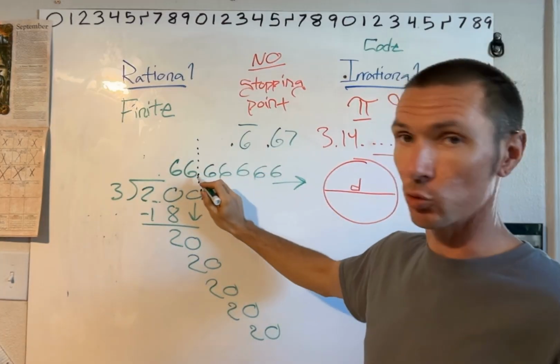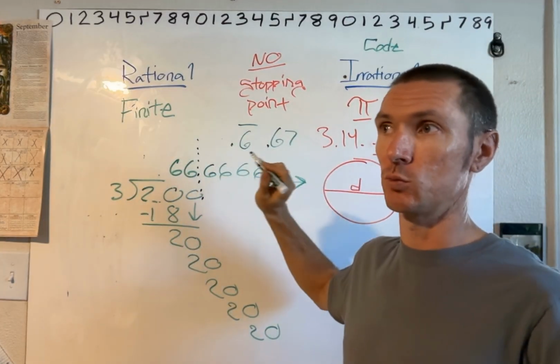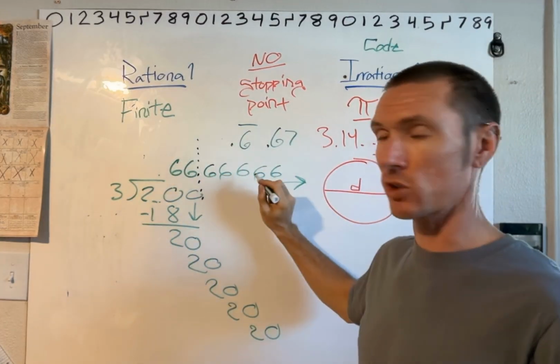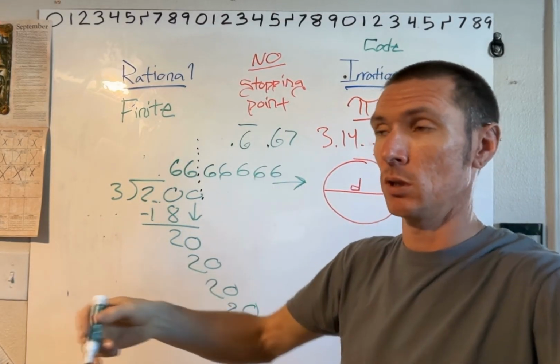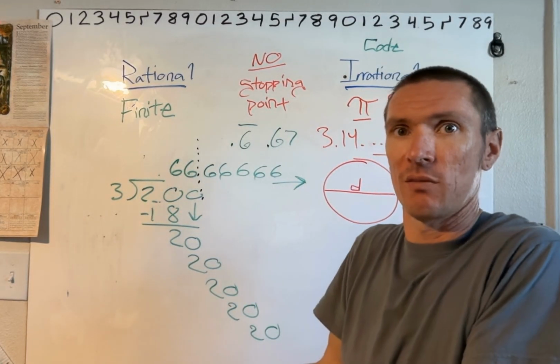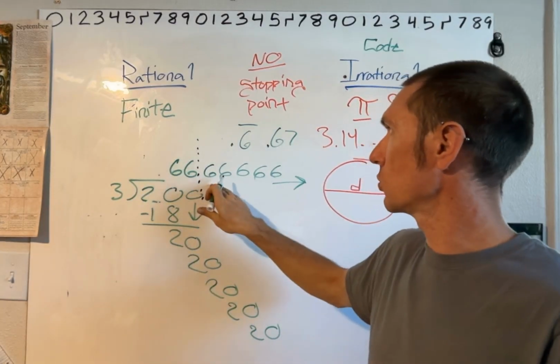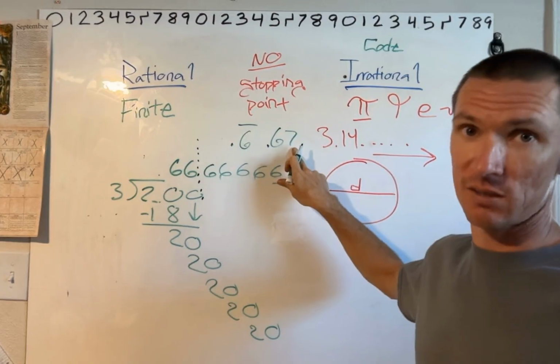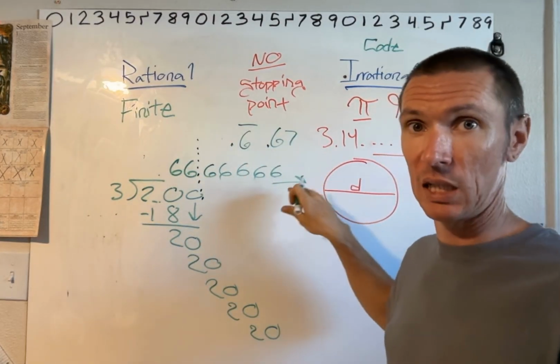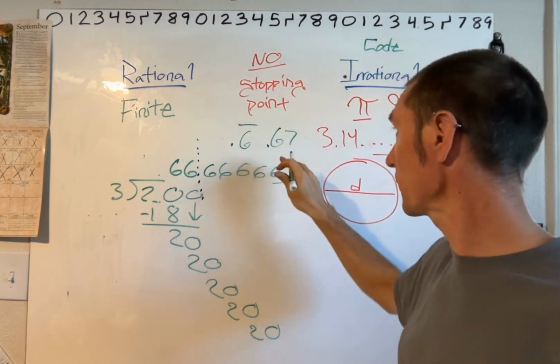And so we will round repeating numbers to whatever place value that we choose, because we can't work with infinity. So we have to choose a stopping point where we round that next 6 up to a 7. Okay? That's a repeating decimal that goes on forever.